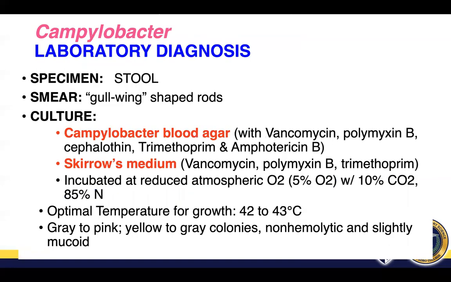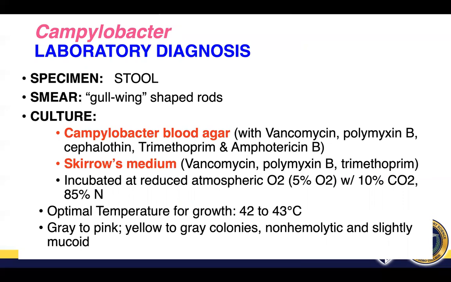To diagnose the presence of Campylobacter, stool would be the best sample. Gram stains may show gull-wing shaped rods that are gram negative. For cultivation, it is best to use selective media.